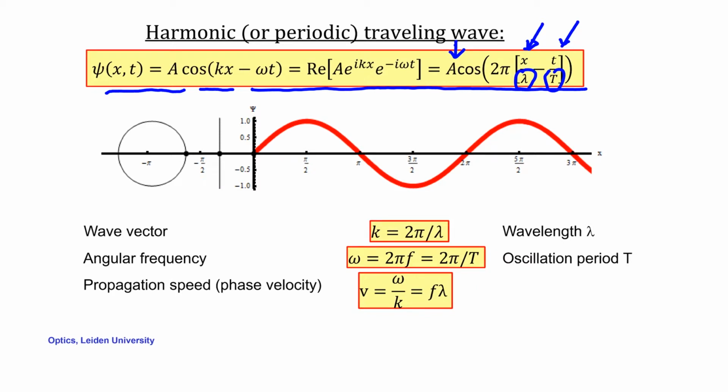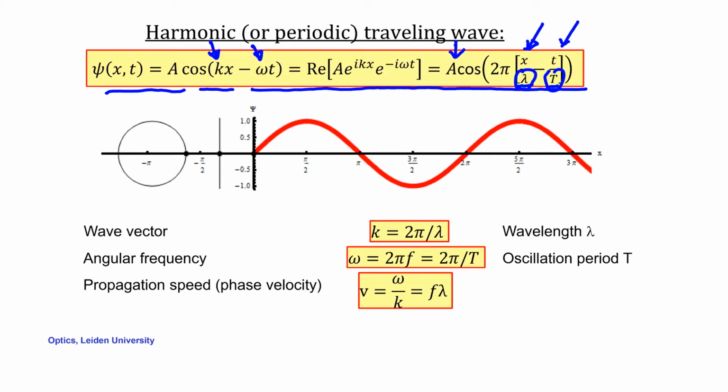At university, we tend to use different symbols, and you better get used to it because we will use them quite extensively during the course. And these different symbols are this K and omega, which replace lambda and capital T.